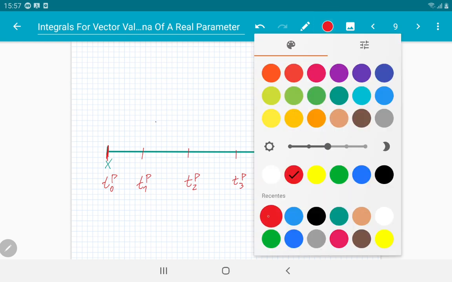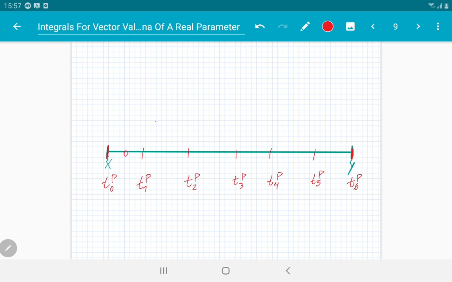And of course, there are the marks, so let me draw these as little dots over here. This is S1P, S2P, S3P, S4P, S5P, S6P. Okay, this is one partition.